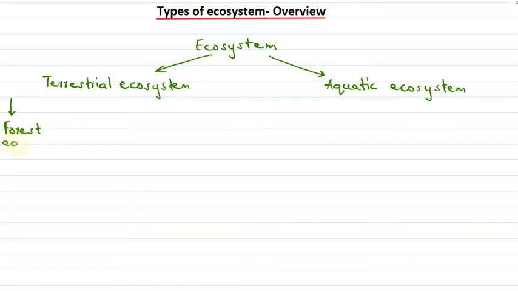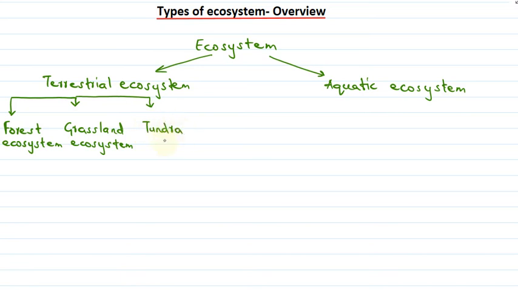forest ecosystem. Then the next one would be grassland ecosystem. Then there is tundra ecosystem.